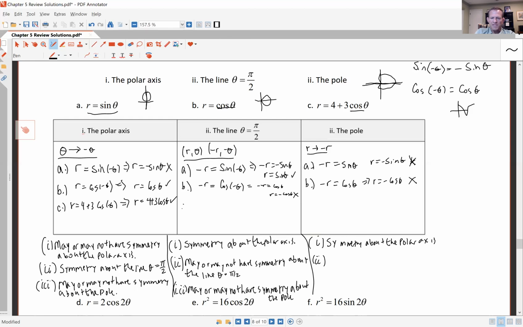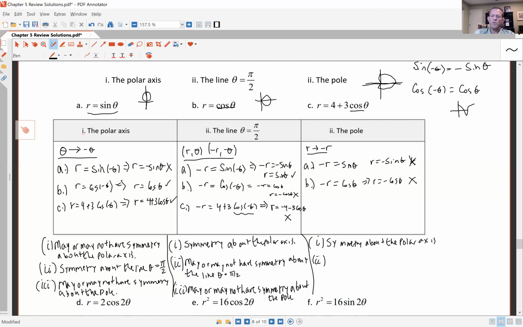To check for symmetry about the line theta equals pi over 2, we replace r with negative r, theta with negative theta. And as we've seen before, this negative goes away, and the negative in front of the r makes the equation turn into r equals negative 4 minus 3 cosine theta.